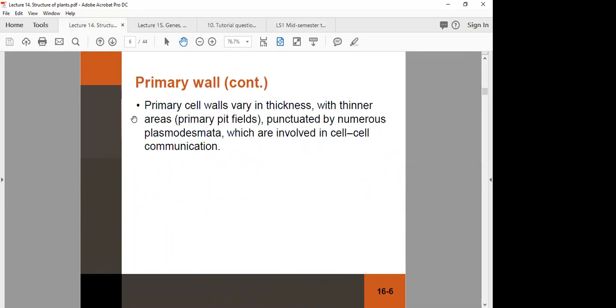These primary cell walls vary in thickness. There are thinner areas called primary pit fields, and within these primary pit field areas there are numerous plasmodesmata. And we introduced the concept of plasmodesmata. You might remember that they're those really tiny channels that connect each cell to neighbouring cells.